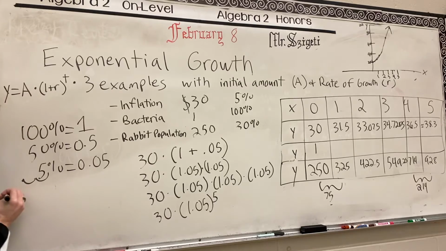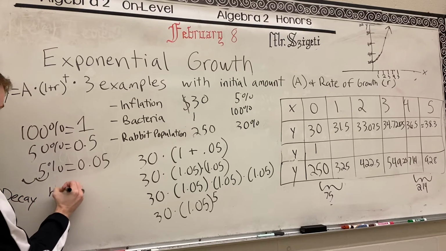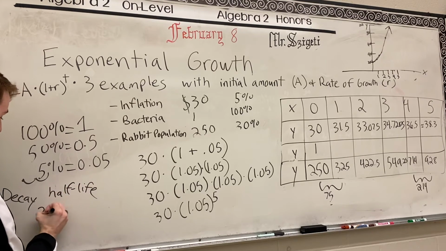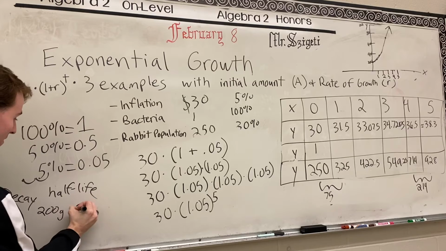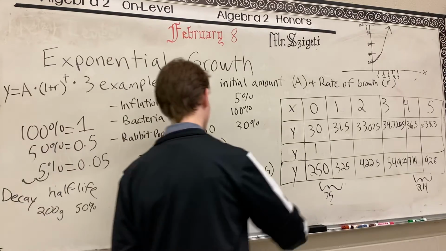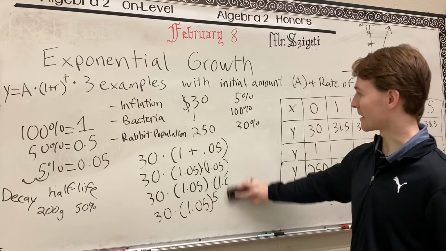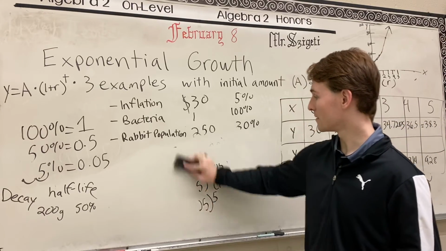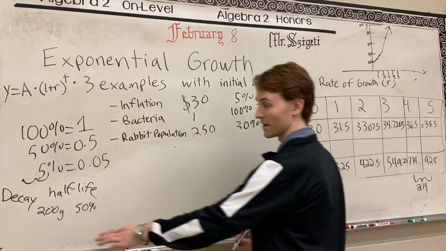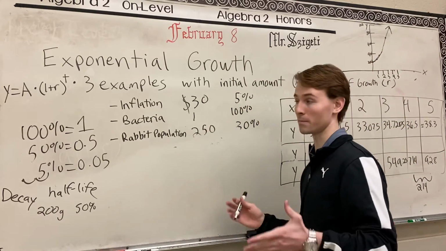So the next thing we're going to go and take a look at is exponential decay. So if I have it way over here, decay would be something like your half-life you learn in chemistry. Let's say we've got a radioactive isotope in the amount of 200 grams. Half of it's going to disappear in a certain amount of time. So if we go ahead and calculate that, like I mentioned earlier, our decay, that number is going to be less than 1 because it's referring to the fact that our initial substance is getting smaller.